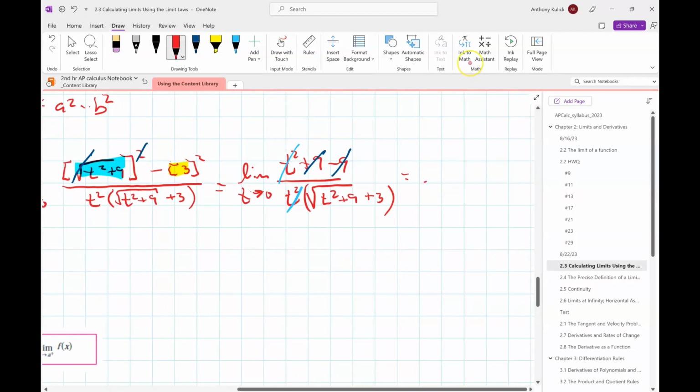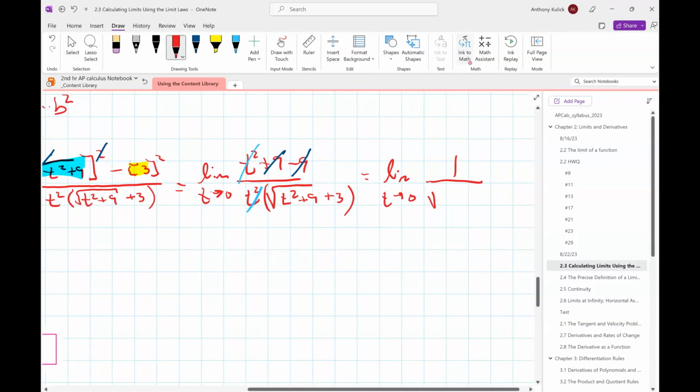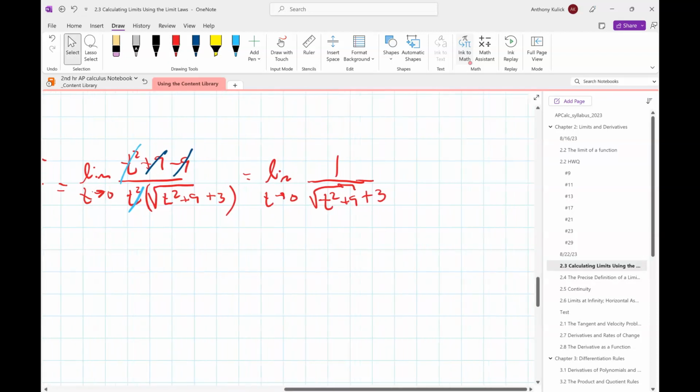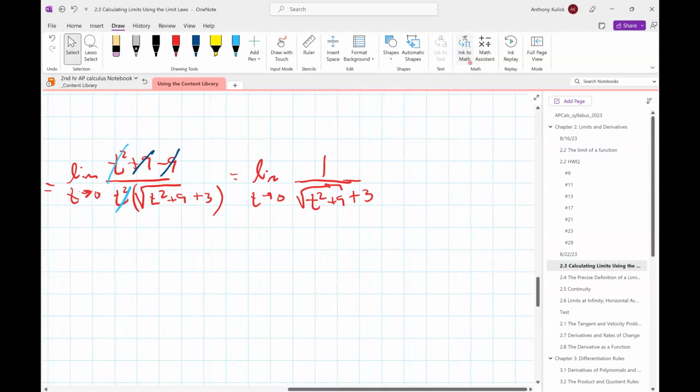Can't forget that limit. And now direct substitution is possible because no longer do I get 0 over 0. Yay!